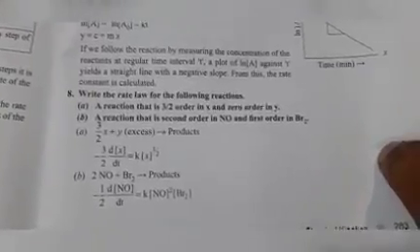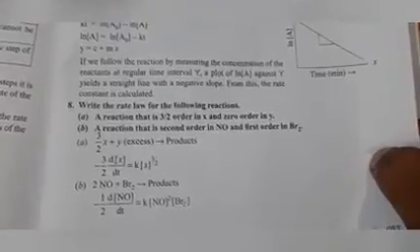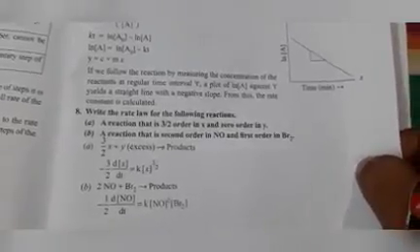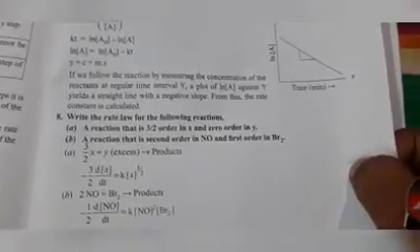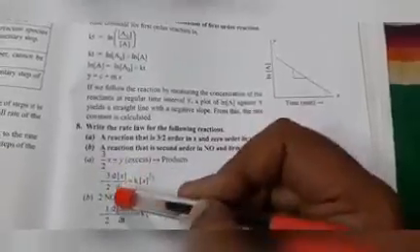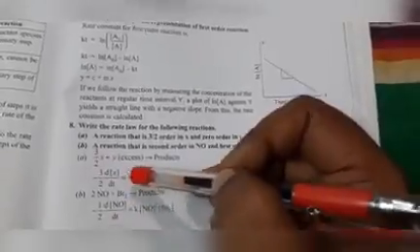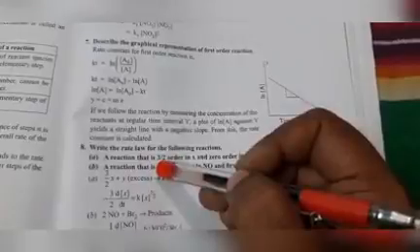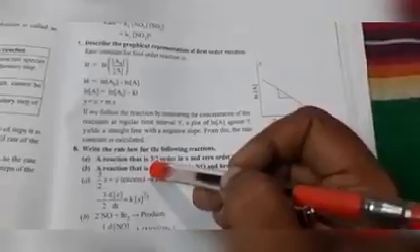A reaction that is 3/2 order in X and 0 order in Y. Zero order in Y means the rate of the reaction does not depend on Y, only on X. So rate is directly proportional to X power 3/2, because the order is the sum of the powers in the rate law expression.